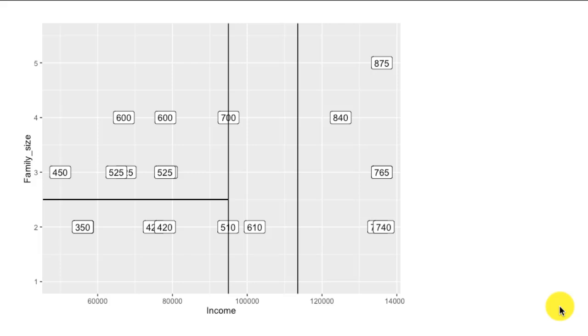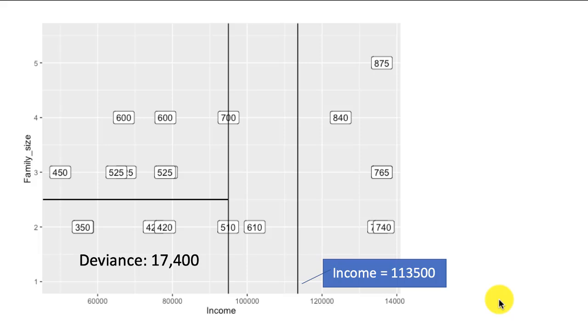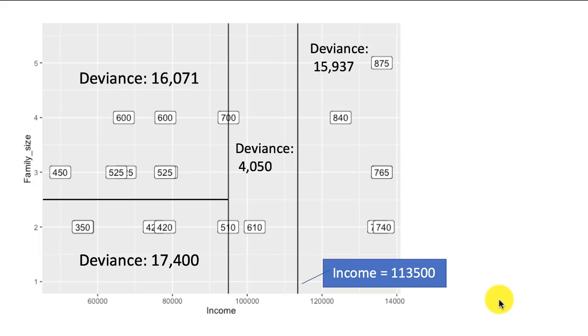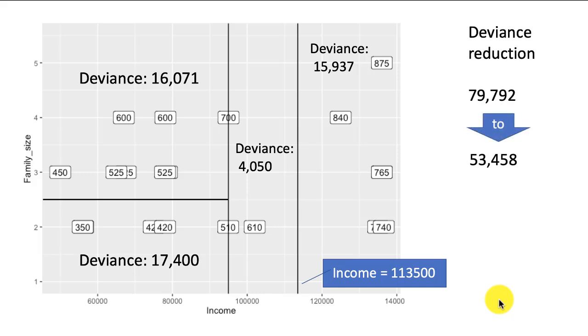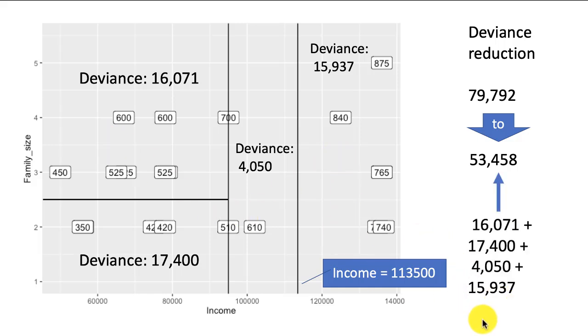And in this fashion we continue. The next split the system suggests should be here, income at 113,500. And once again, if you calculate all the deviances, you get these. You see that the deviance now reduced from 79 to 53, which is just the sum of all of these.